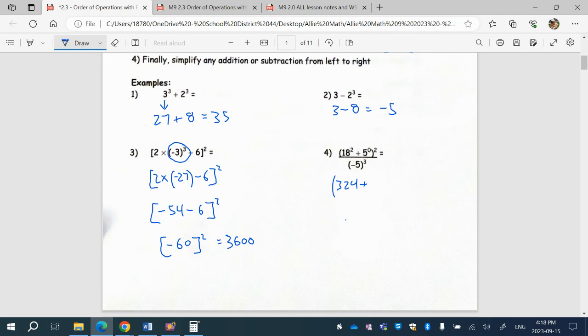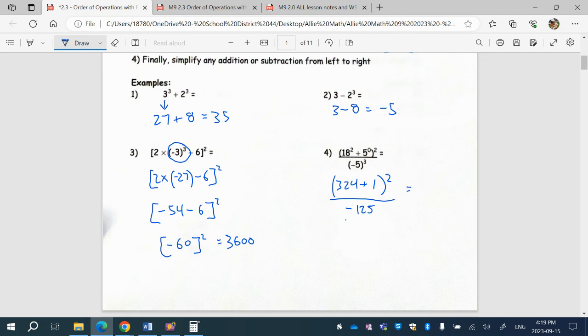Remember, we learned last class, this is equal to 1. And this whole thing is squared over negative 5 to the power of 3. So that's negative 5 times negative 5 times negative 5. It's going to be negative 125.